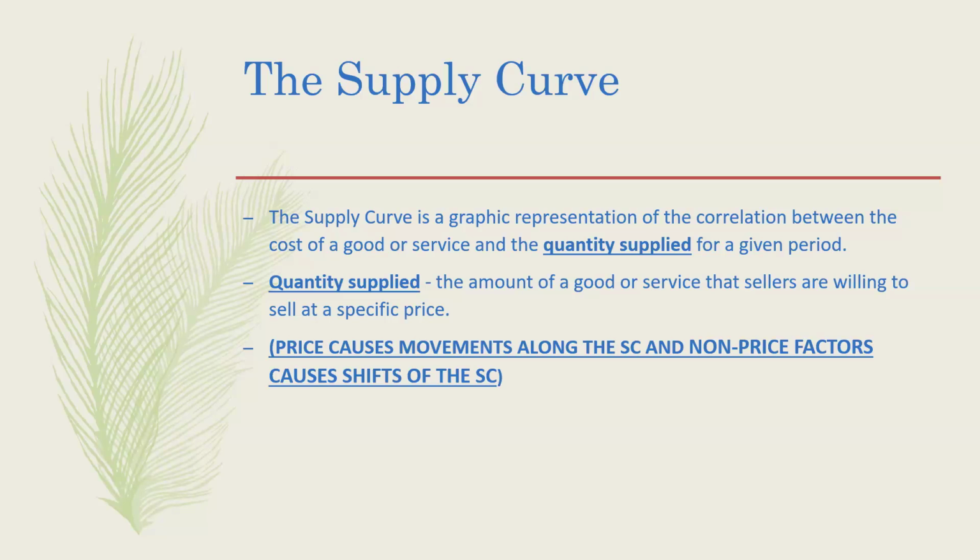It is the relationship between the cost of a good or service and the quantity supplied at a given period. Quantity supplied is the amount of a good or service that sellers are willing to sell at a specific price. So, whenever we are speaking of quantity supplied, it's all about the seller's willingness to sell that product at a specific price.